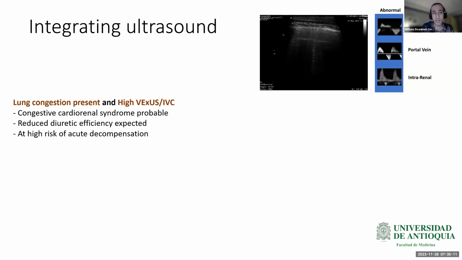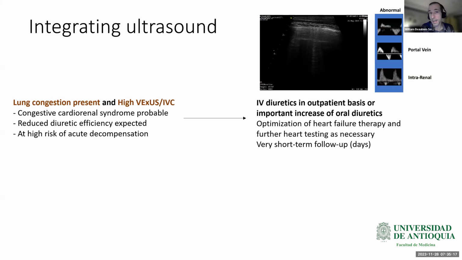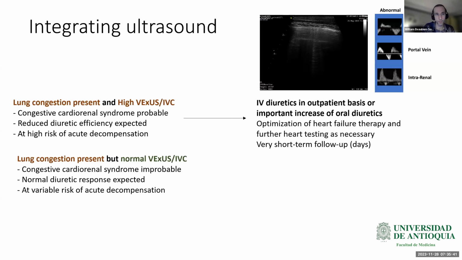These patients are at very high risk of acute decompensation and hospitalization. So in this case, we can choose to give IV diuretics on an outpatient basis or perform an important increase in oral diuretics to avoid these complications in a timely manner, and prepare a very short-term follow-up, a matter of days, to see the patient again and see if the congestion is relieved.